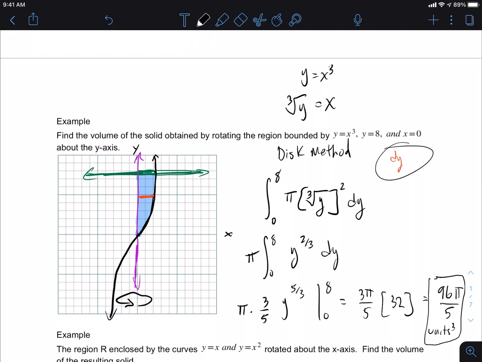In this problem, it's the bounded region, right? And we did do it in this one. Because if you look at it, y equals 8 was the upper bound on the y's. On the lower bound, it was bounded by x cubed and x equals 0, right? So x equals 0 and y equals x cubed are equal when?